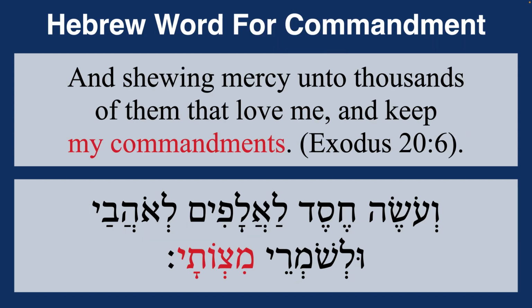But the problem is that the word for commandment, which is popularly used, say 10 commandments, is not Devarim, but it is mitzvot. Here we have, and showing mercy unto thousands of them that love me and keep my commandments. The word here, mitzvotai. So mitzvot is the word for commandment.